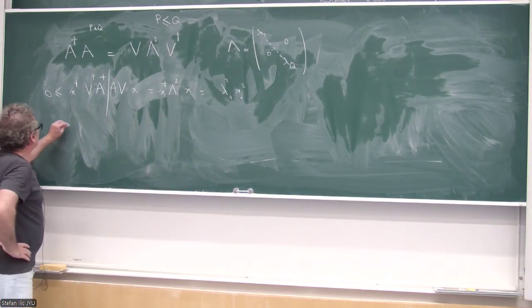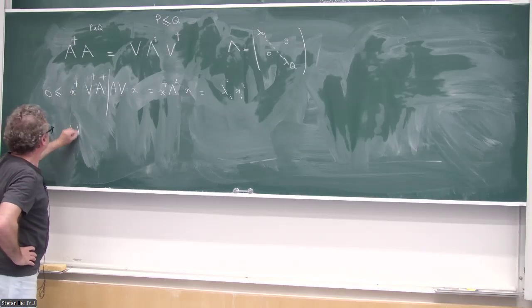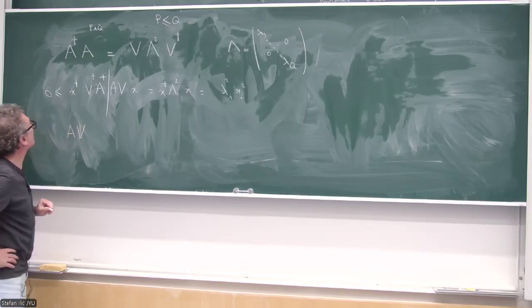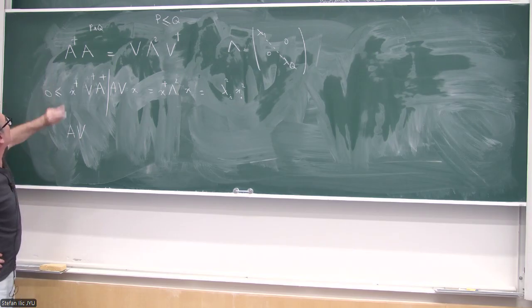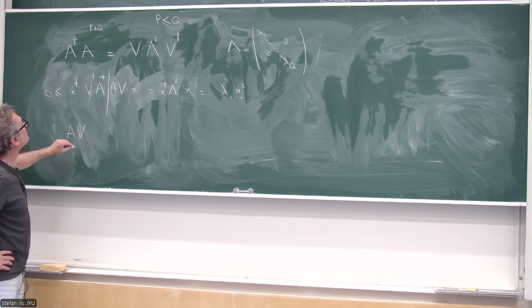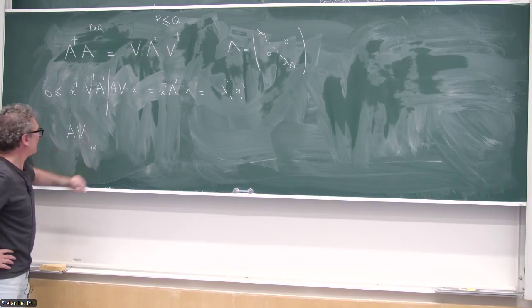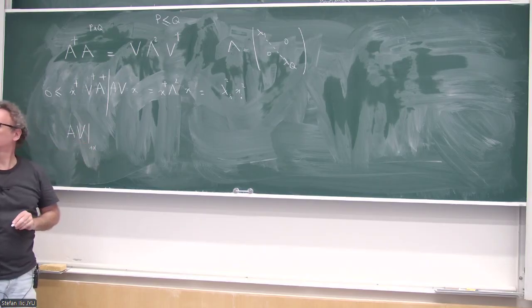So now, if I look at this matrix, AV, you see that AV, I put it 2 index I alpha.